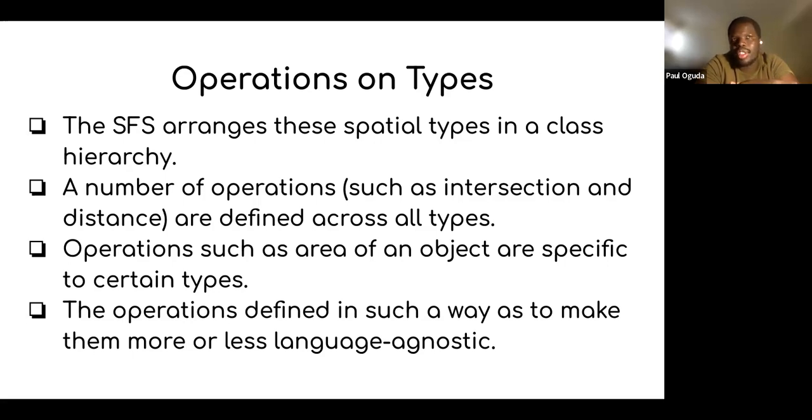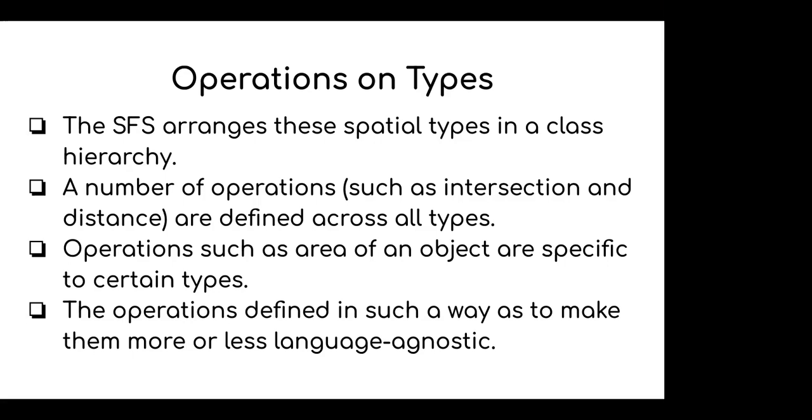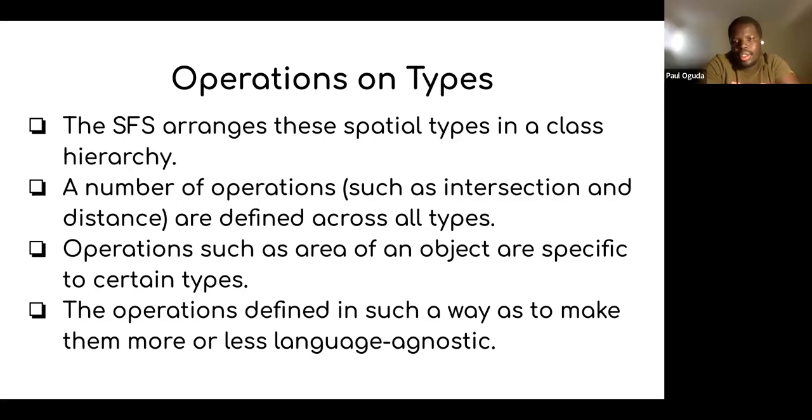These are just some of the things which the GIS data types add on a GIS system. You may also need to find the size of an area, which is another operation that you can do on these geometric data types. And these operations are done in such a way that they are language agnostic. So if you follow the standards, you can implement it with any programming language that you're using.